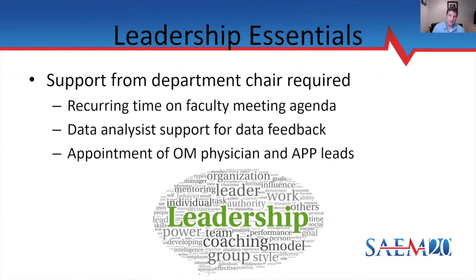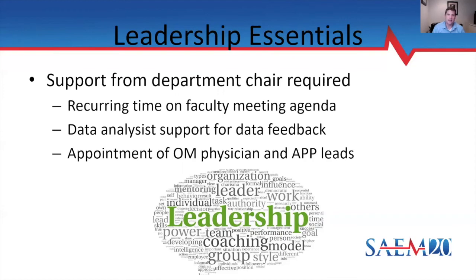In addition, the other resources that you're going to need from your department that require the leadership to be backing you will include data analytics. And there are many operations projects typically ongoing at any given time that are saturating the data analytics capacity of an emergency department. Having data for observation medicine is really essential, and that's because you need to be able to tell people how they're doing with regards to observation care.